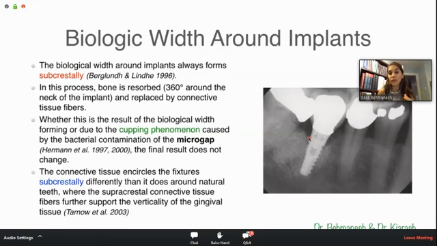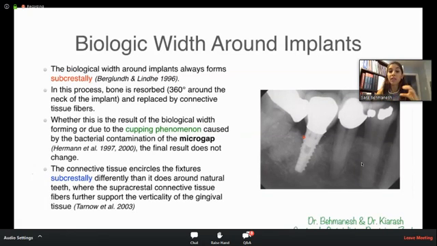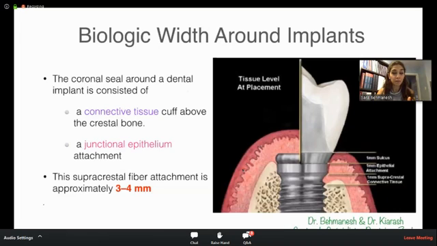So before, we knew that we need to have good thickness of tissue on the buccal surface or on the lingual surface. Now the importance of the tissue on the crestal surface is more studied and proven. And studies show that the implants that have a thicker tissue at the crestal level show less bone loss when they're restored, because that tissue thickness gives them enough space for the biologic width formation.